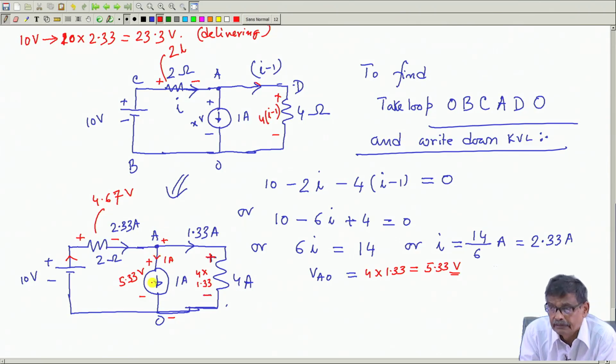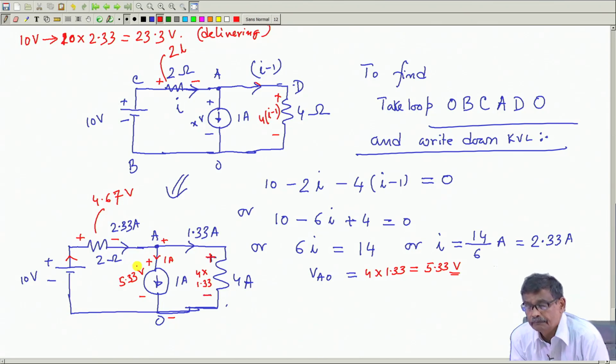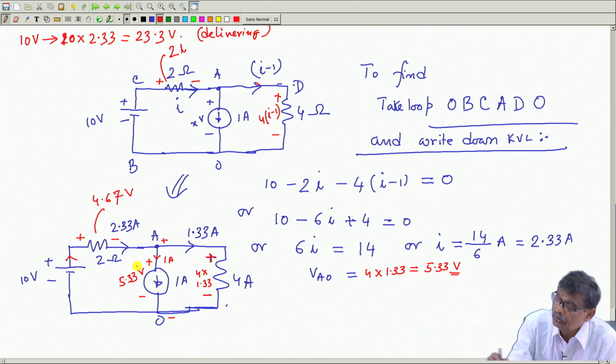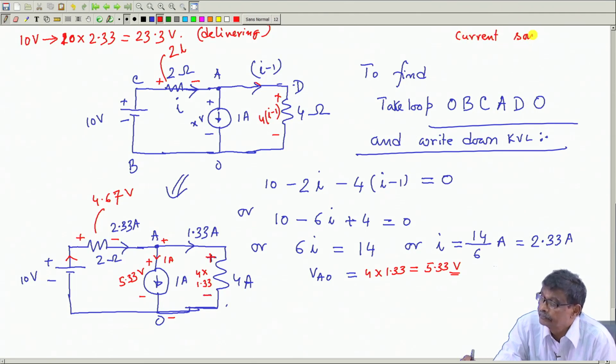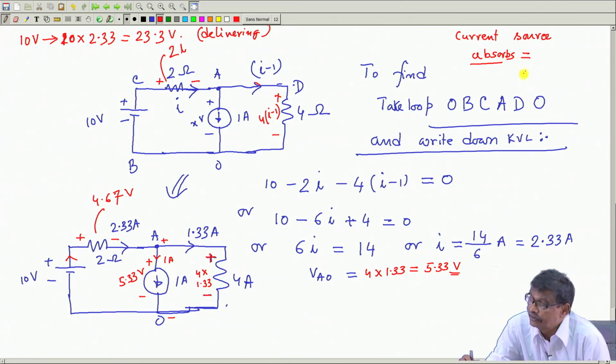So, this current source is absorbing power. I will write absorbs. How much power? The voltage across it, that is 5.33, into the current, that is 1, gives 5.33 watts.